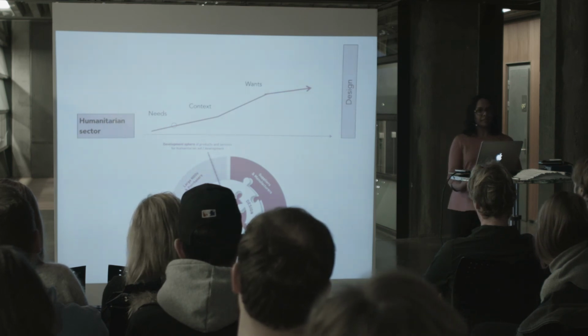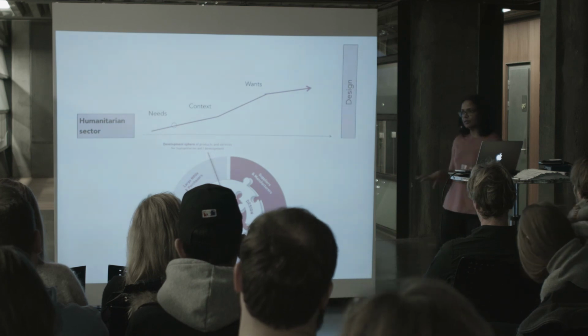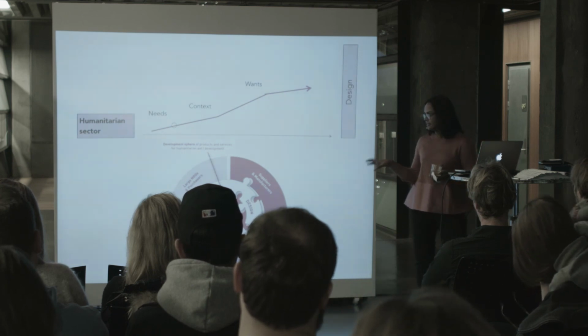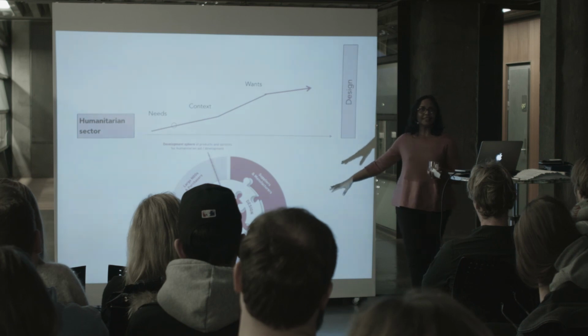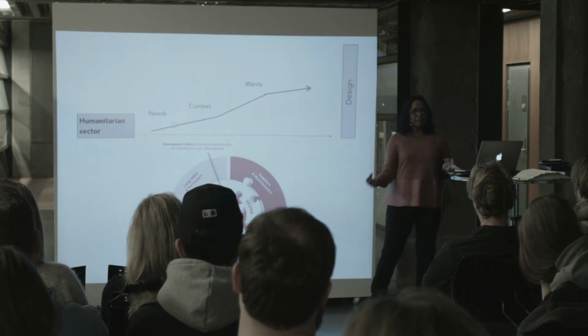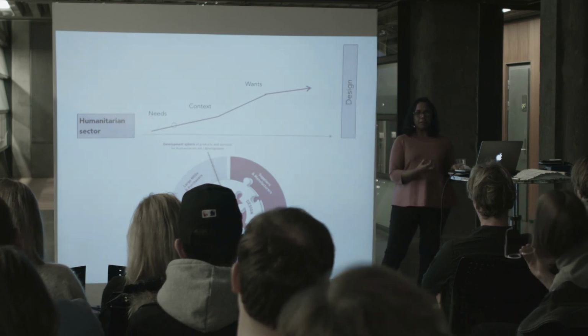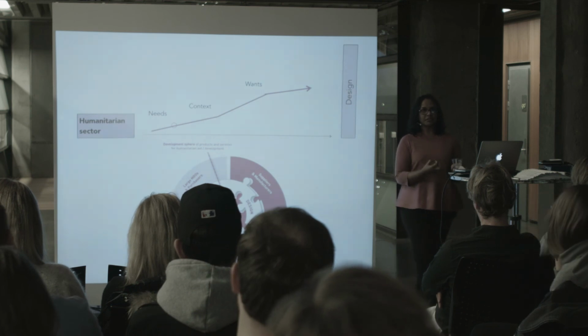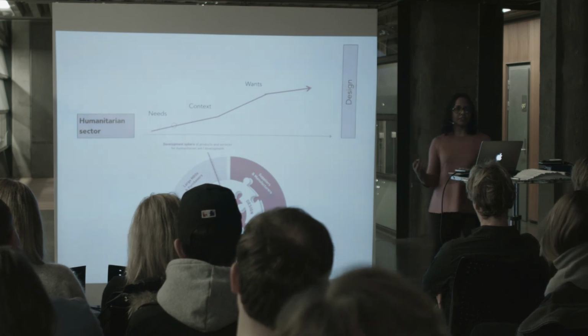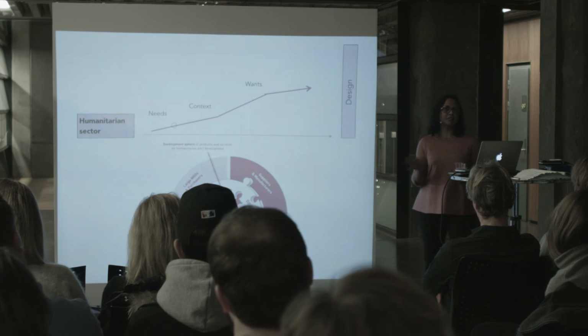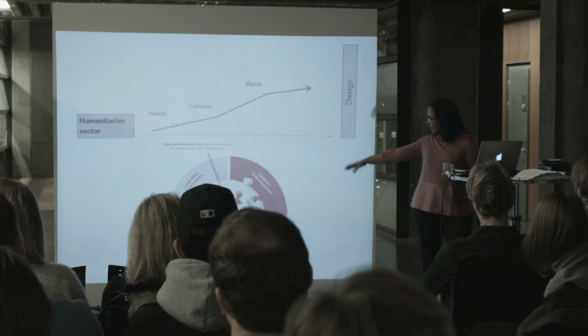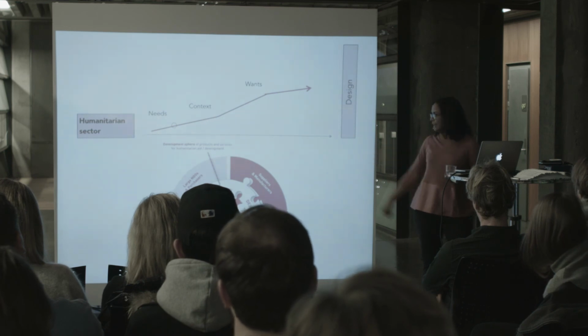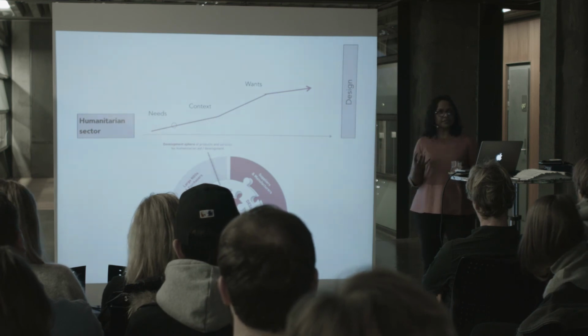It's a really interesting problem, design-wise, because the whole ecosystem of the humanitarian sector is really complex. You might not see all the details. The people who are buying services and products in the humanitarian sector are not the ones using them. People who use the products in everyday life have no say whatsoever in how the product should be. You have large NGOs and aid organizations buying products and services.